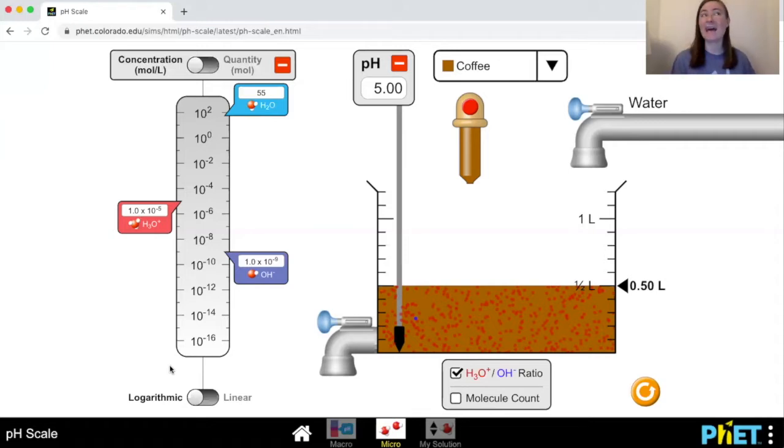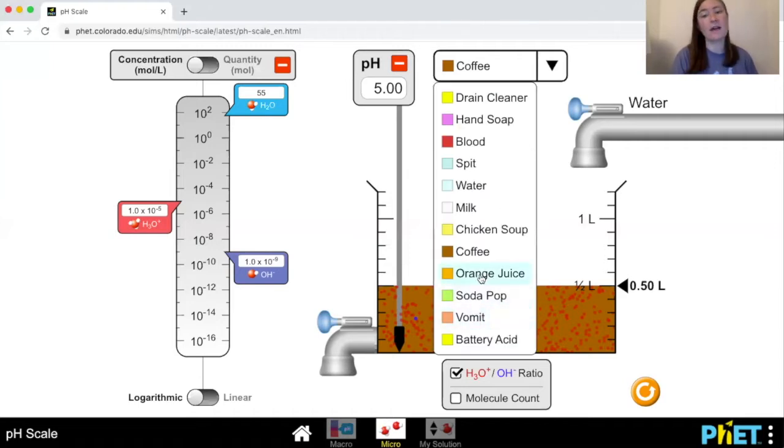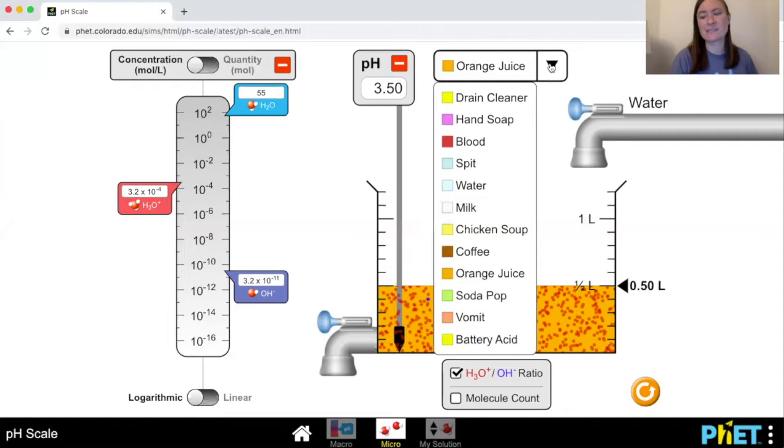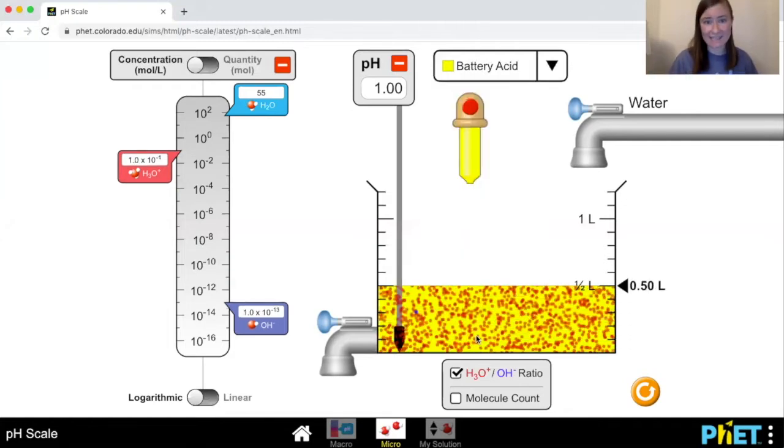As we go from a solution that's neutral to a solution that's mildly acidic, like coffee, the concentration is getting multiplied times 100. If we went to something a little more acidic, like orange juice, the concentration is now getting multiplied times almost 1,000. If we went to something like battery acid, the concentration is getting multiplied times 1,000,000.